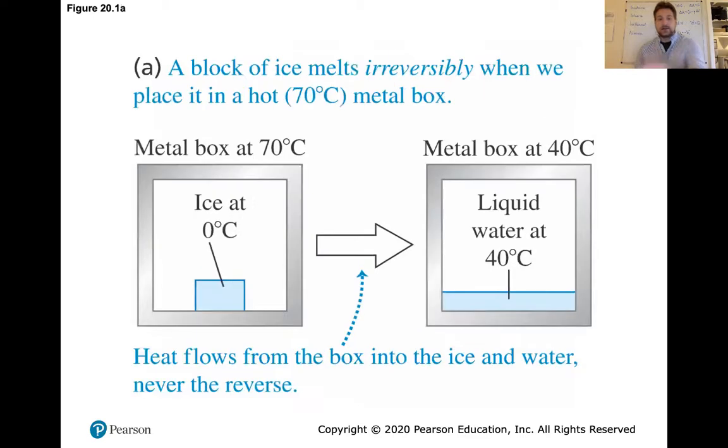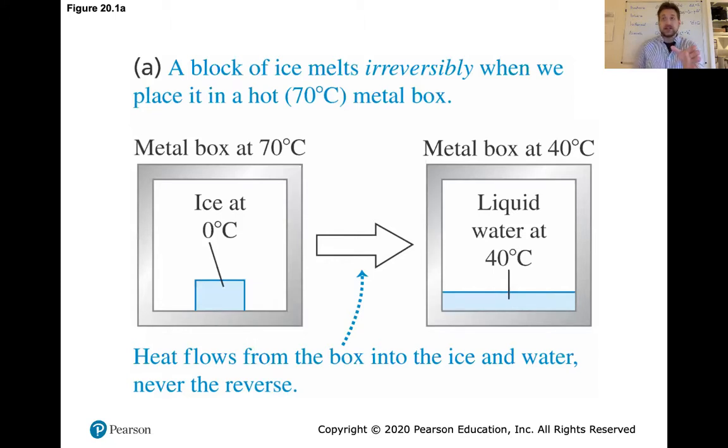Here, the thermal energy of the metal box, once we've used it to melt the ice and change the temperature of the water, we're done. We can't turn this around. We can't get that energy back.